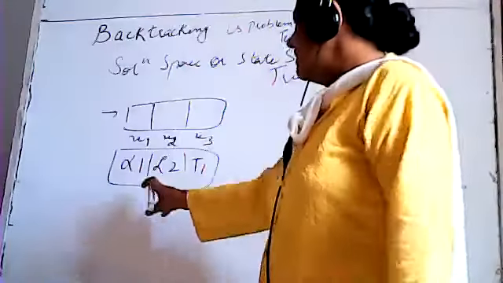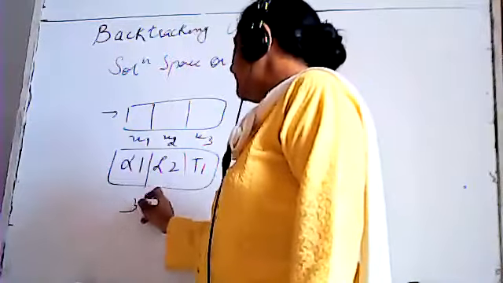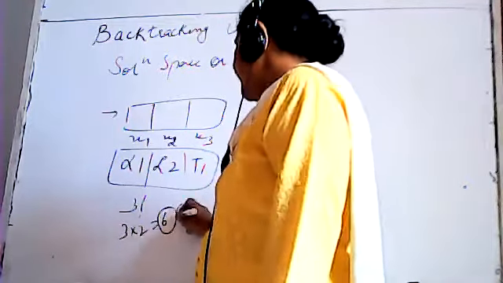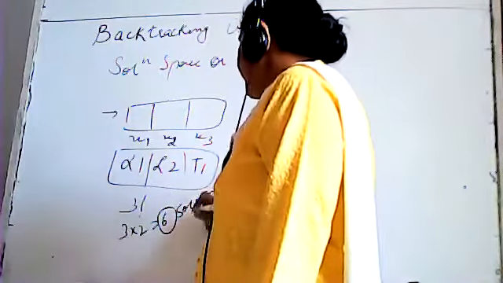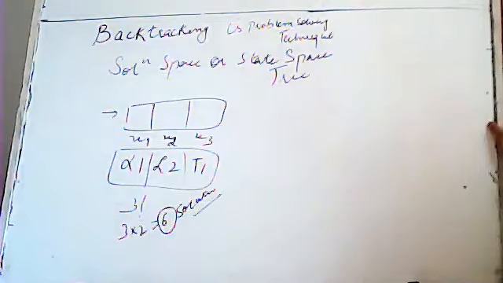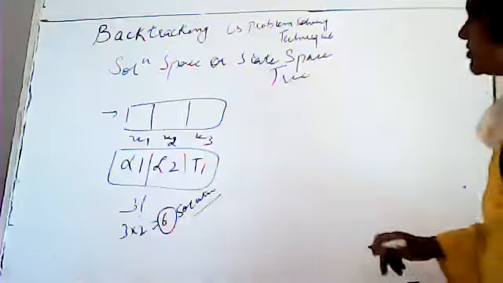Three persons can sit in 3 factorial ways, that is 3 into 2, so 6 solutions. Permutation and combination you have done in previous classes. If you have 3 persons to sit together, 3 factorial ways, that is 6 combinations they will make.